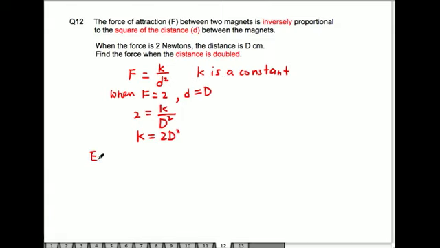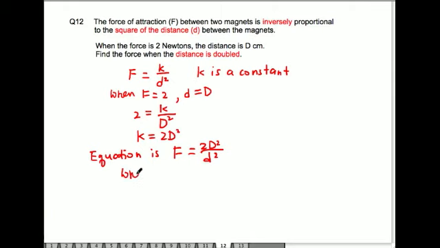The equation is F equals K, which is 2D squared, over the unknown value of D squared. The second part requires us to find the force when the distance is doubled.